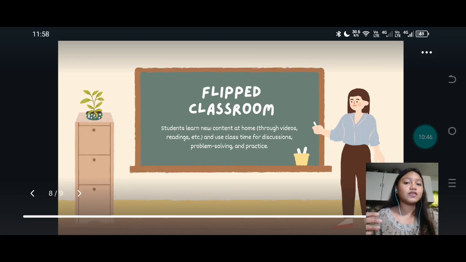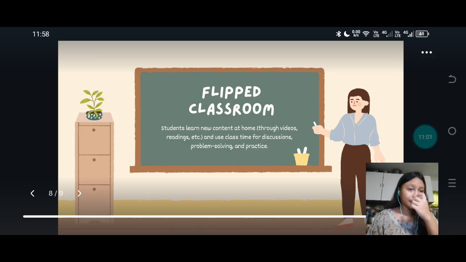Now, the next one is the flipped classroom. So, flip. Students learn new content at home through videos, readings, etc., and use class time for discussions, problem solving, and practices.